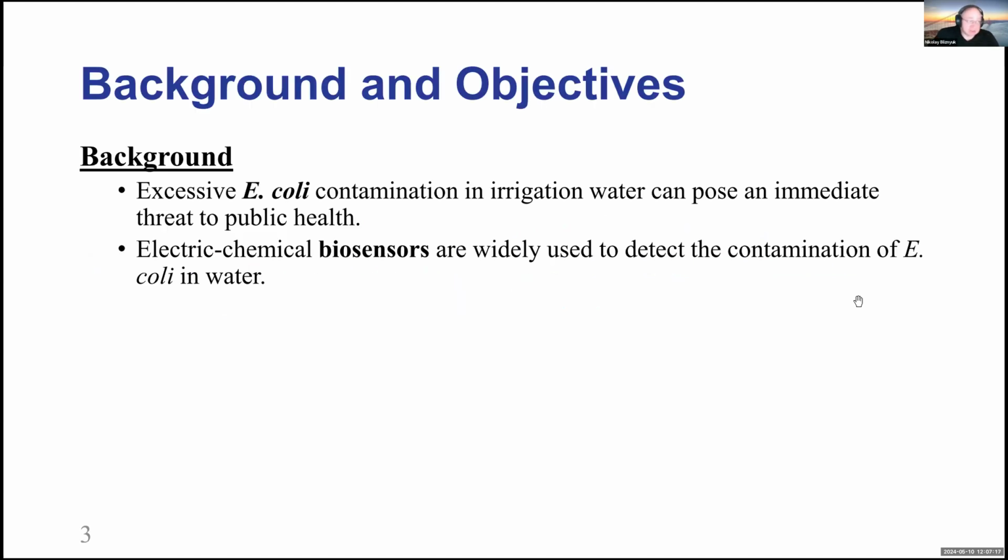So the motivation here is that we would like to predict the level of bacterial contamination in water. And the original goal was to see how we can reuse water, say secondary types of water, for instance, for irrigation of lettuce.